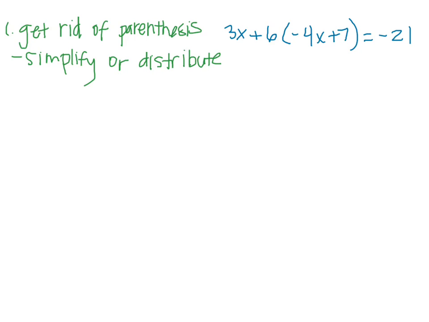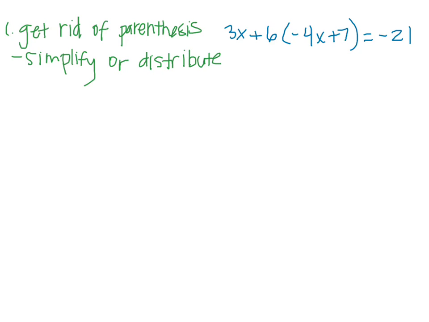Well, if you take a look over here at my parentheses, you'll see we have negative 4x plus 7 inside. And you can't simplify that because negative 4x and 7 are two different things. This one has an x, this one doesn't. That would be like trying to see how many apples you have by adding apples and oranges. It doesn't work. So I'm going to distribute.